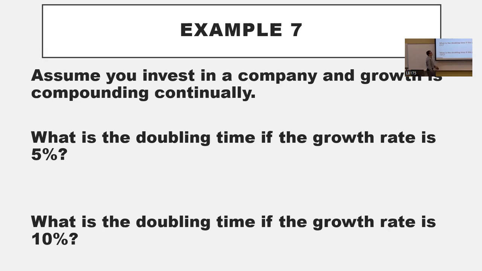What is the doubling time if the growth rate is 5%? This says compounding continually, so we'll go back to A equals P times e to the RT. And then what's the doubling time if the growth rate is 10%?